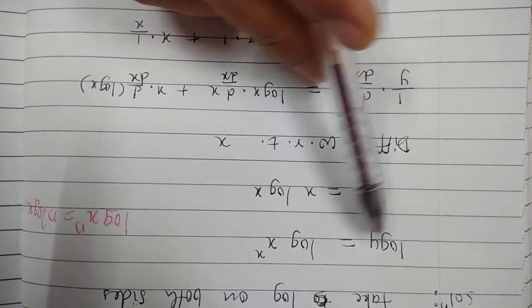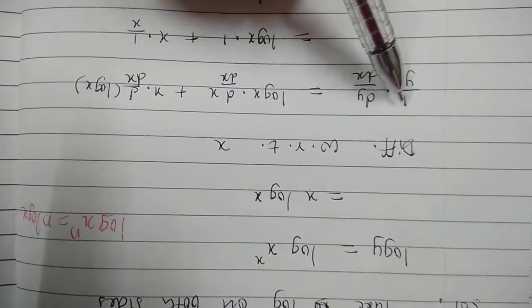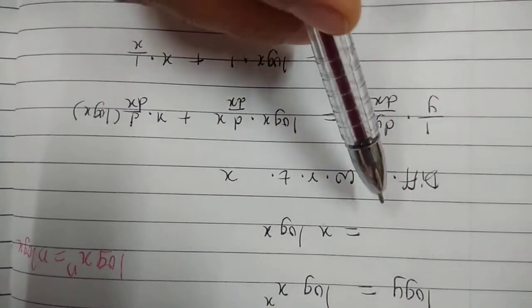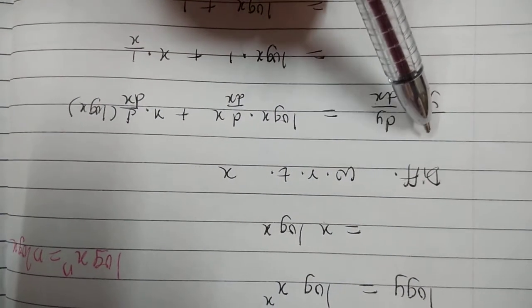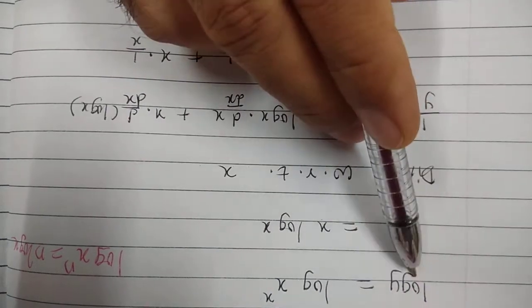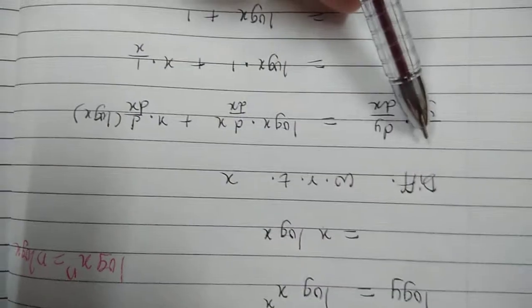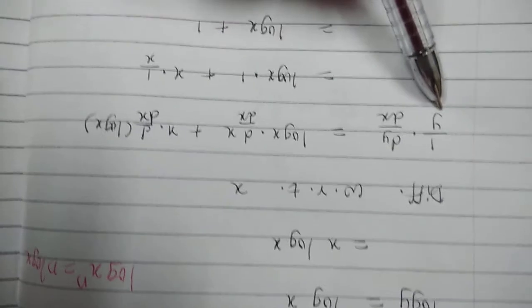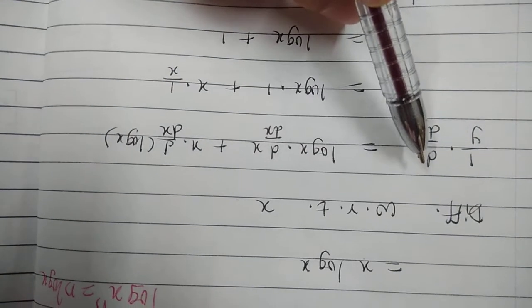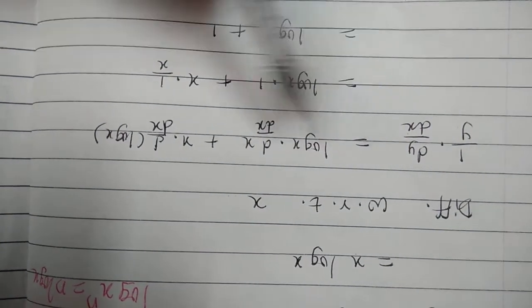If it would be log x, then we would have written 1 upon x, but this is log y, therefore we have to first take the derivative of log and then take the derivative of y. So the derivative is 1 upon y multiplied by the derivative of y, that is dy by dx.